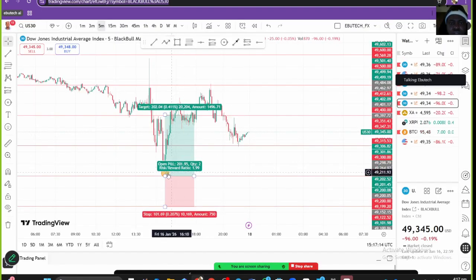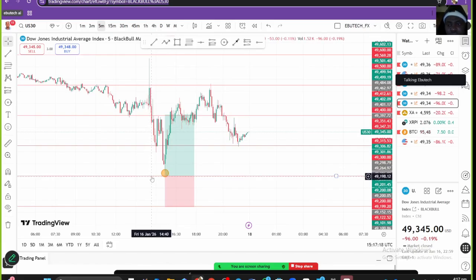Now, here, this is where we want to enter this market. We want to enter this market at what price? Can you guys see what is happening here? This is the price at which we want to enter this market, here at 49,200.